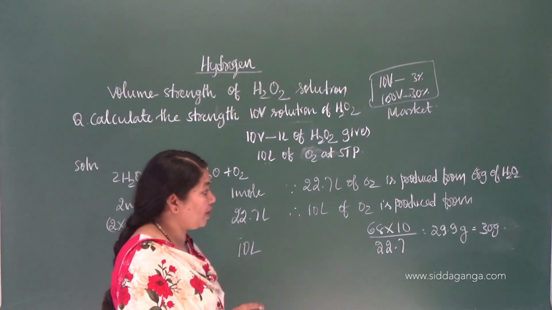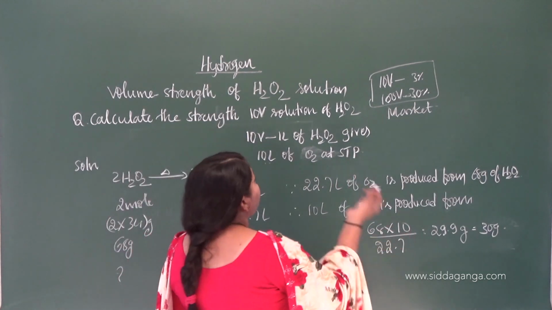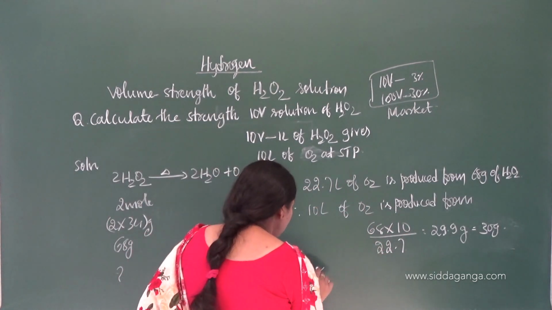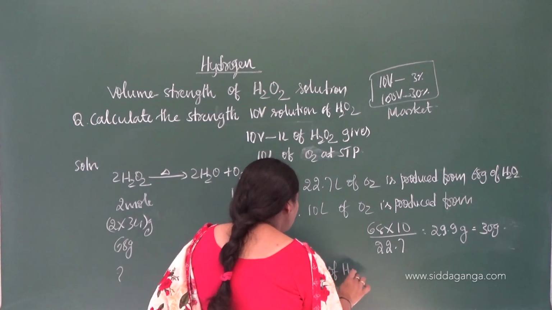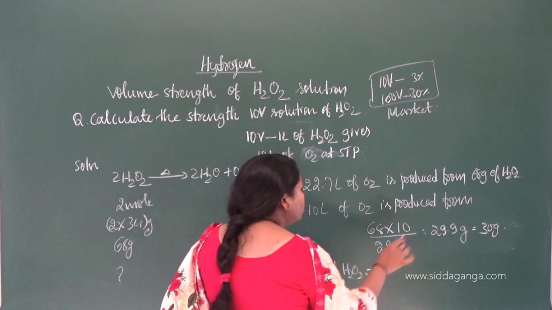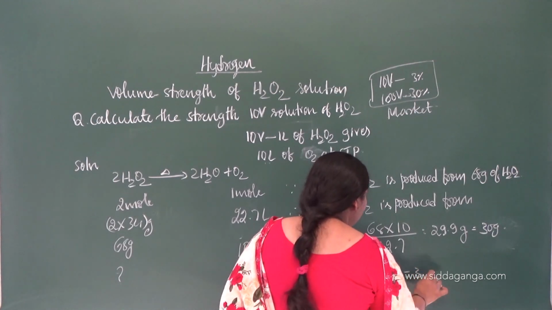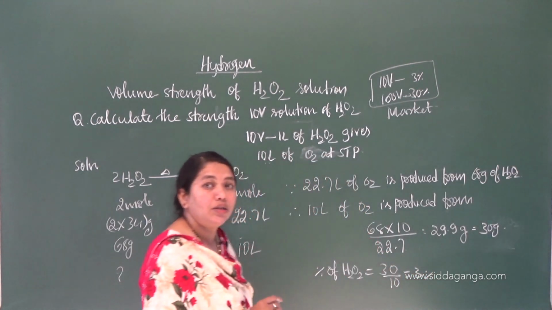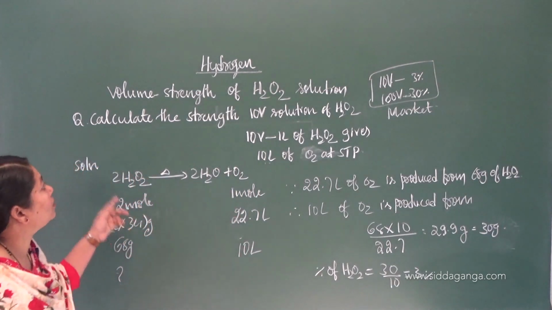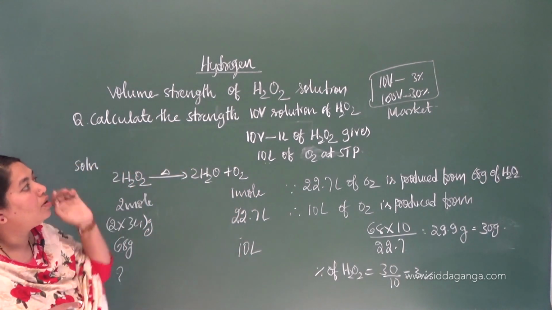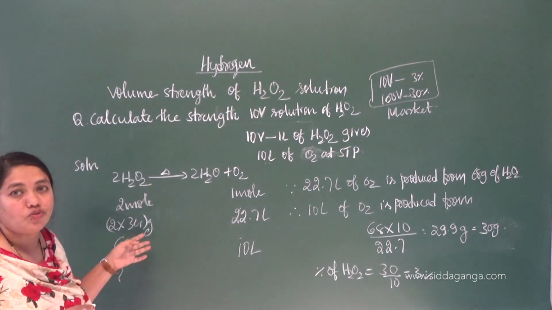So this is the weight. If you want to express this in terms of percentage, percentage of H2O2 is 30 divided by 10, that is 3%. This is how you can calculate the strength of 10 volume solution of H2O2.